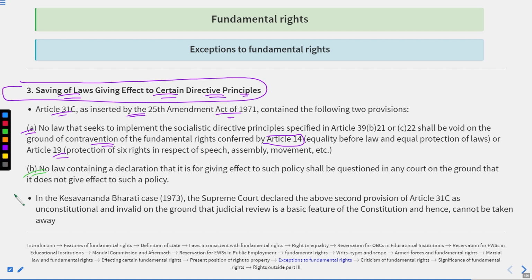In the Kesavananda Bharati case of 1973, the Supreme Court declared the above second portion of 31C unconstitutional and invalid on the grounds that judicial review is a basic feature of the Constitution and hence cannot be taken away.